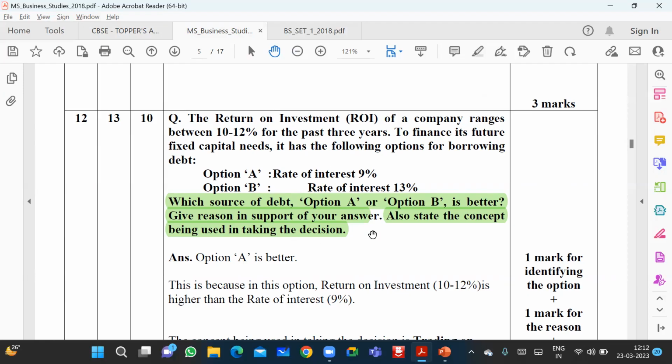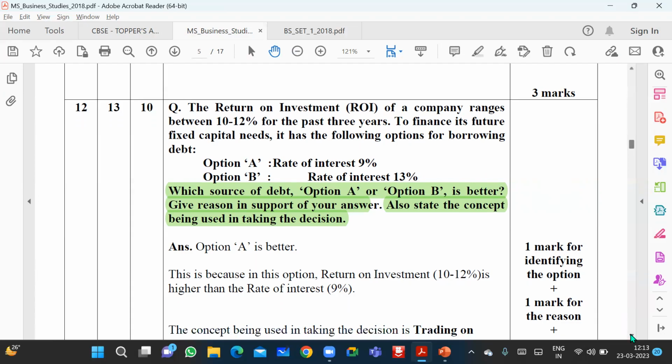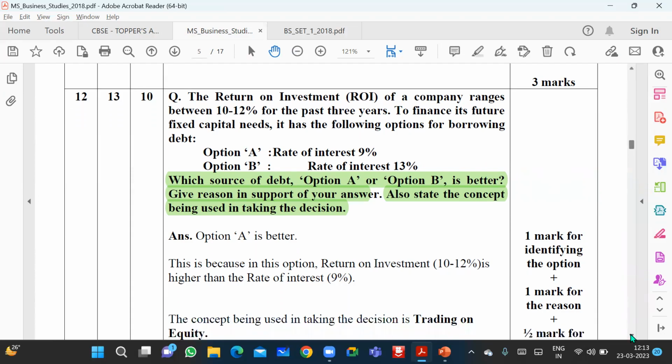So here are three different questions. Which source of debt, option A or option B, is better? Option A is better. That's the first question. The second question is, give reason in support of your answer. The reason for opting option A is that ROI is more than the rate of interest on the debt.